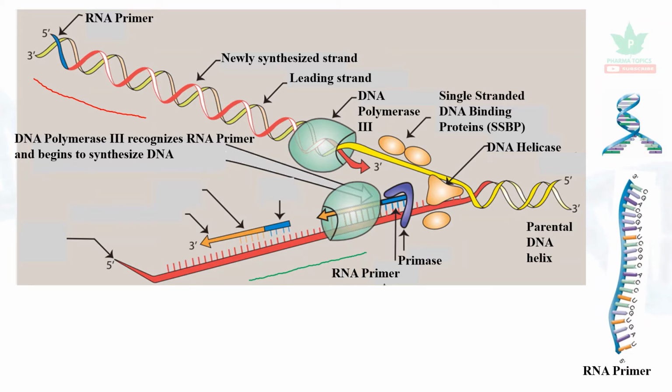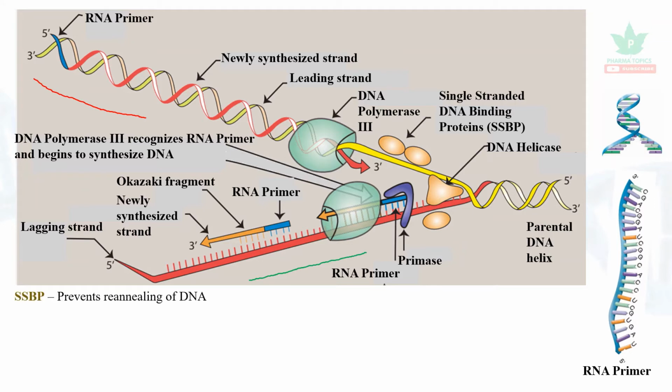So again the primer gets attached in the lagging strand and the lagging strand is synthesized. But it is a discontinuous synthesis, and these fragments are called Okazaki fragments. Finally the primer is removed and the fragments are attached together.